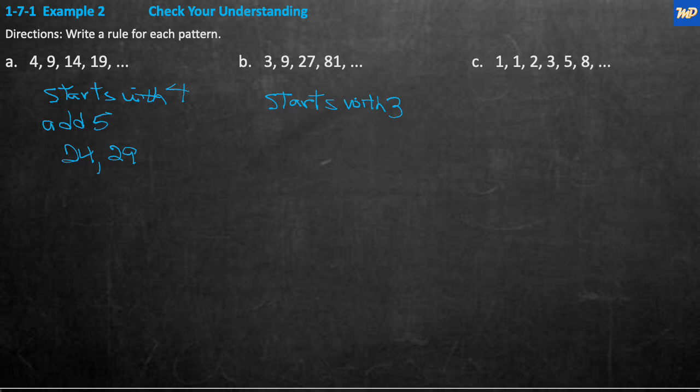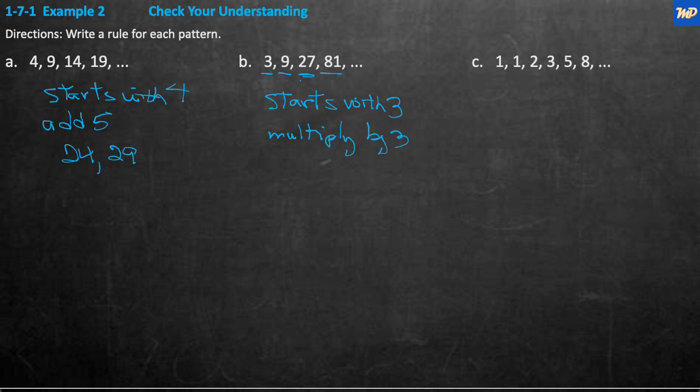Well, these look like they're multiplying. So we're going to multiply by 3. 3 times 3 is 9. 9 times 3 is 27. 27 times 3 is 81. That is the rule.